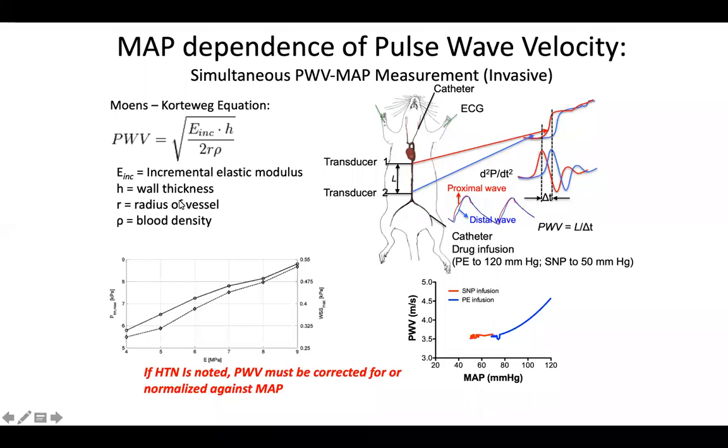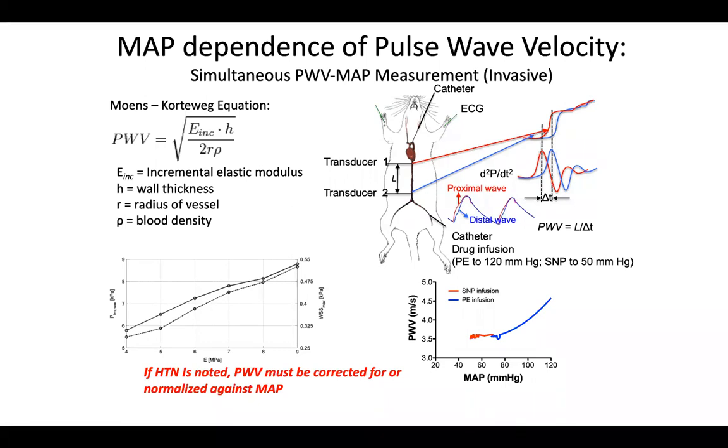And so if you have a hypertensive mouse versus a normotensive mouse, then a main question that appears is whether the increase in pulse wave velocity, which represents the elastic modulus, is due to true changes in the mechanical properties of the blood vessel, or is it merely because we're landing in a different portion of the nonlinear viscoelastic materials curve, and so we're perceiving a different or increased elastic modulus.